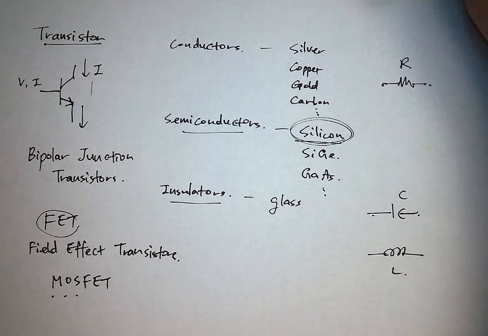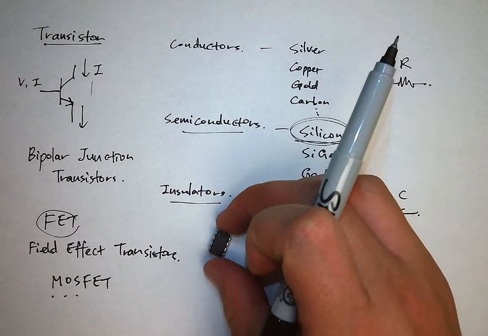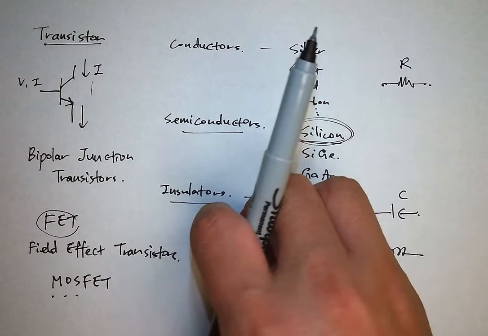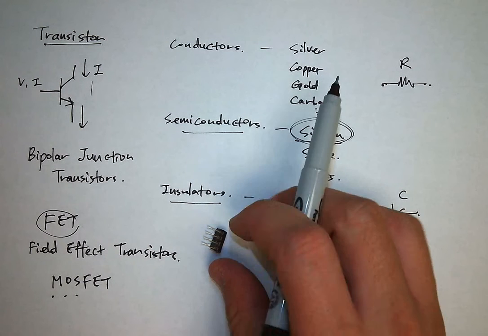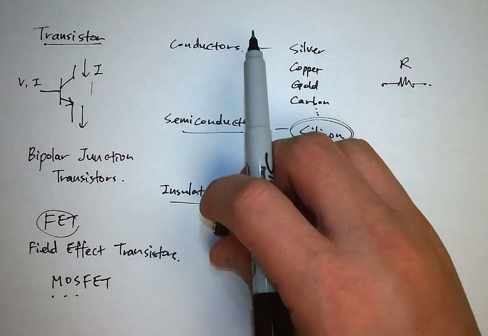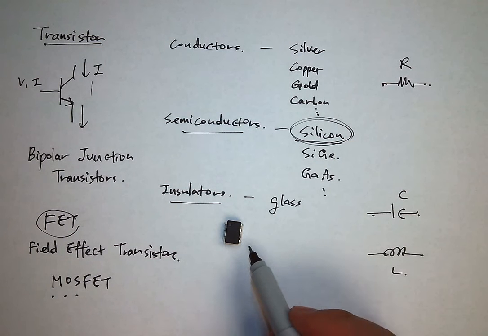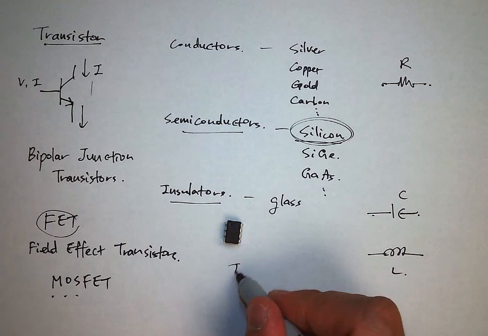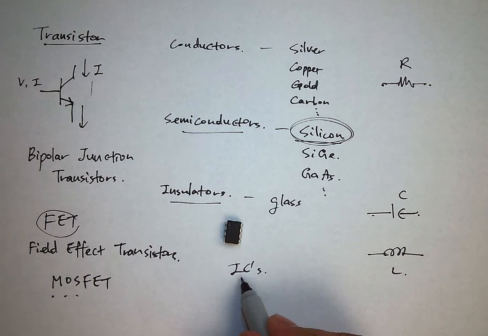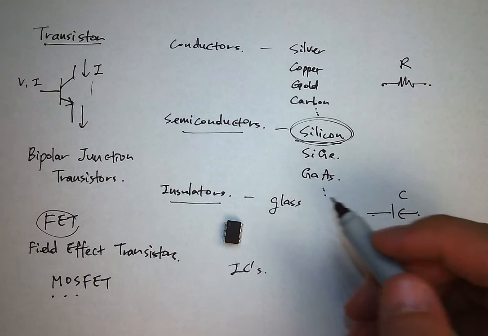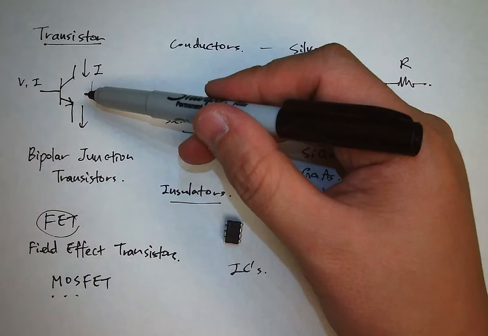So in a chip like this that I showed earlier in a different video, this is an integrated circuit, an IC chip. We call these ICs because it integrates a whole network of transistors like this or this.